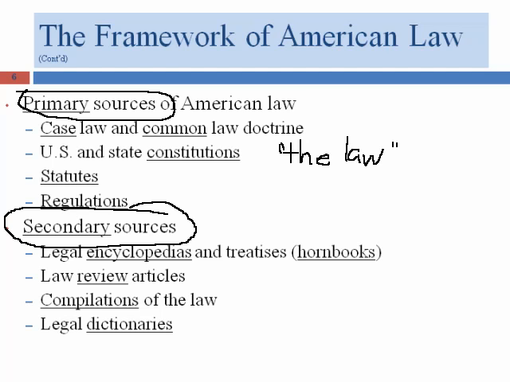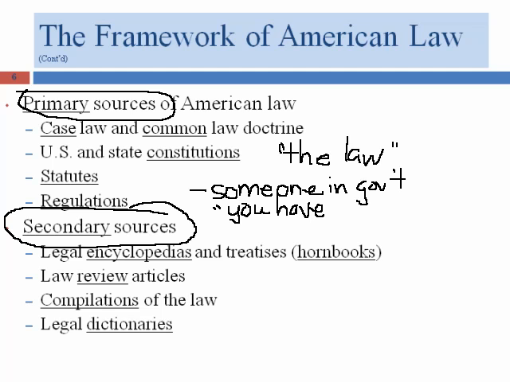You can see they all have a characteristic: someone in the government who has the authority says you've got to do X, or you can't do X, or you get to do X. That's what a primary source of law is.